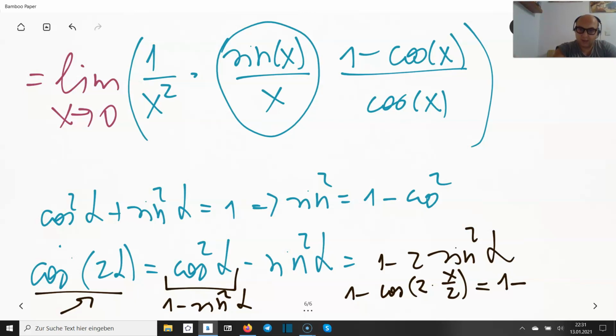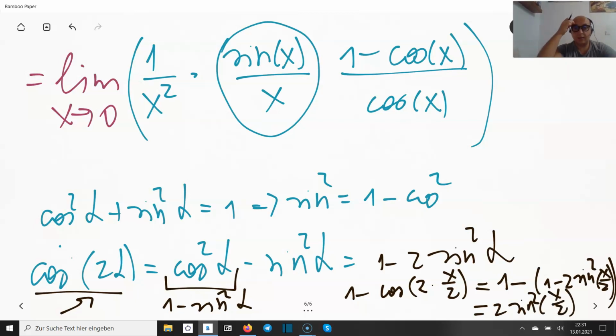So we are having 1 minus 2 sine squared of x divided by 2. So 1 and 1 are gone, and we're just having 2 sine squared of x divided by 2. So this is how we can substitute 1 minus cosine of x. All right, so let me do it in the next step.